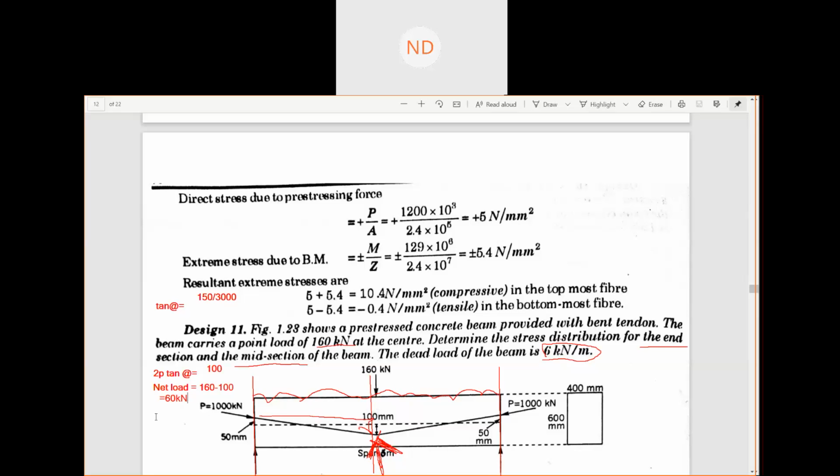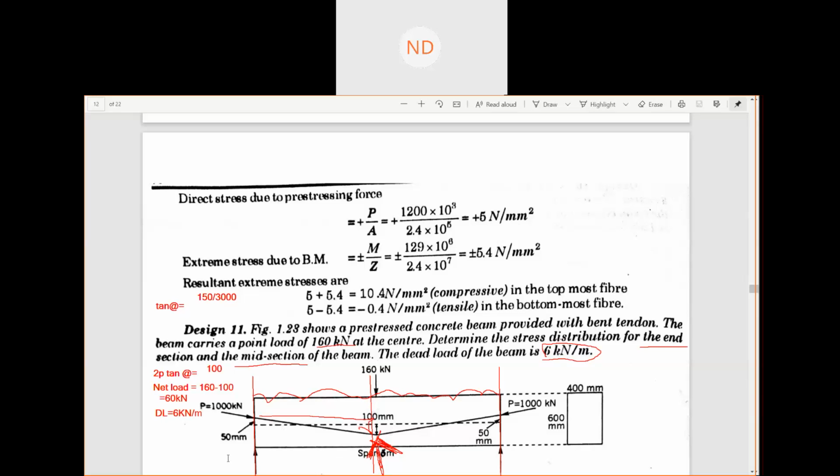Also we have the dead load given to us. Dead load was 6 kilonewton per meter.